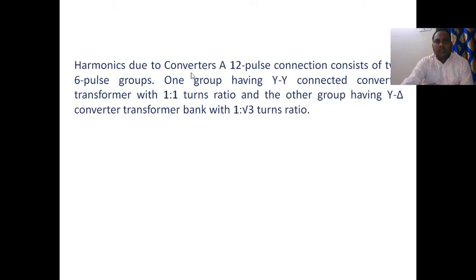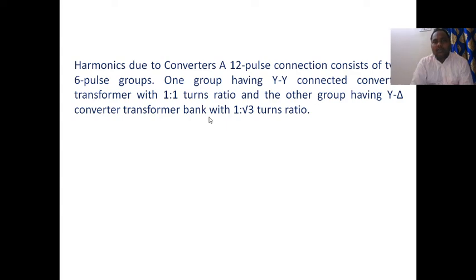Harmonics due to converter: a 12 pulse connection consists of two 6 pulse groups. One group has a star to star connected converter transformer with 1 to 1 turns ratio, and the other group has a star to delta converter transformer bank with 1 to root 3 turns ratio.